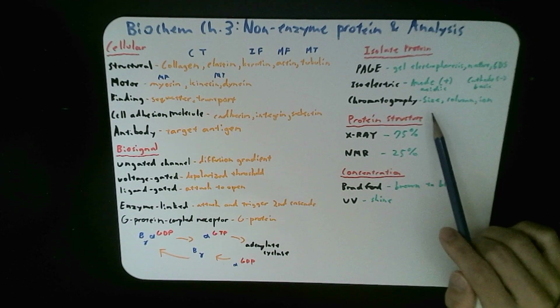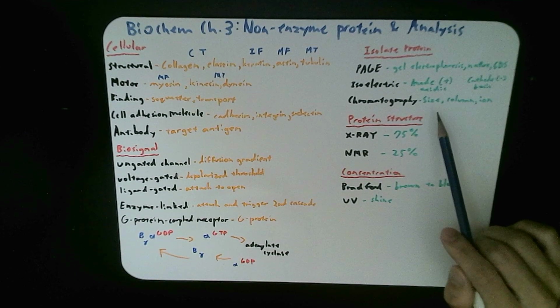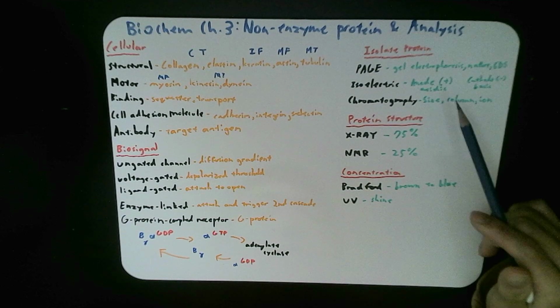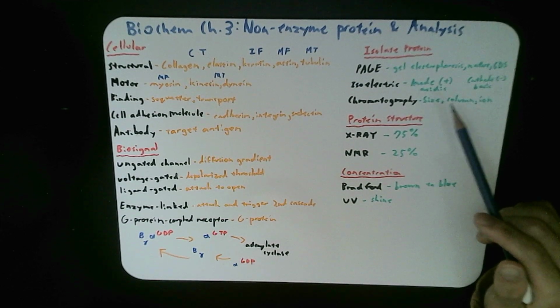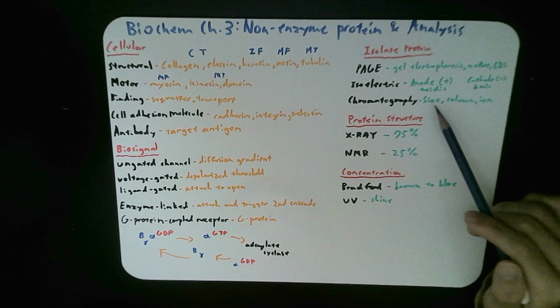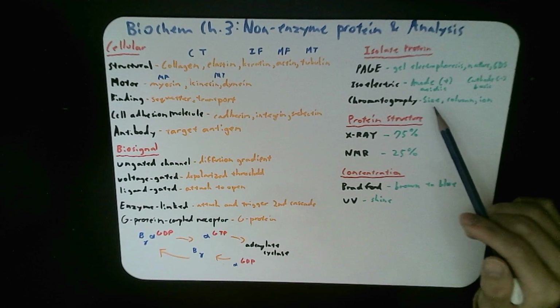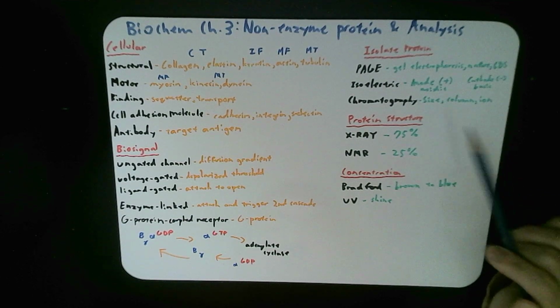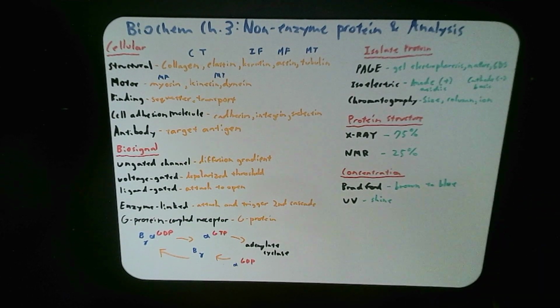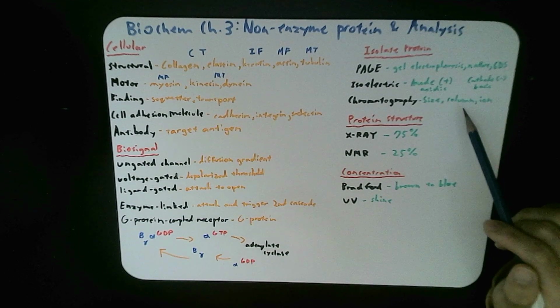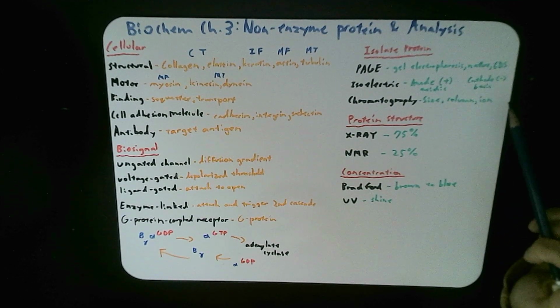Chromatography, we have size exclusion, column, and ion exchange. In size exclusion chromatography, the smaller proteins will get stuck in the pores, while the larger ones will go past. So this one's counterintuitive, because the smaller the size, the slower it goes. It will get stuck in the gels, and the larger ones will pass through easily. In column chromatography, you have silica beads, and those silica beads are polar, so the polar ones will get stuck and the non-polar ones will travel down faster.